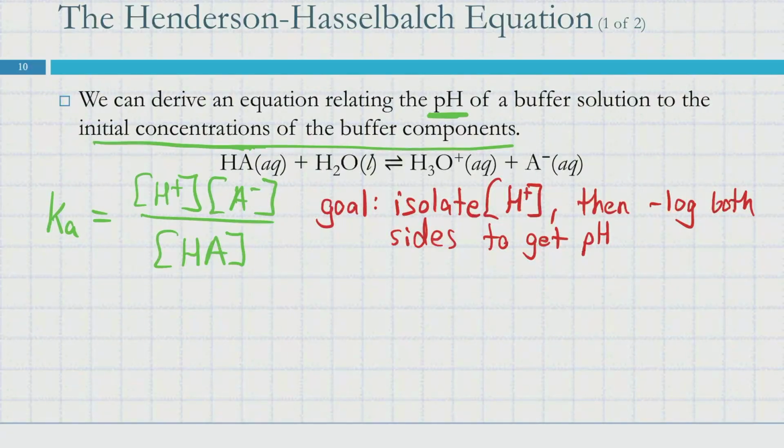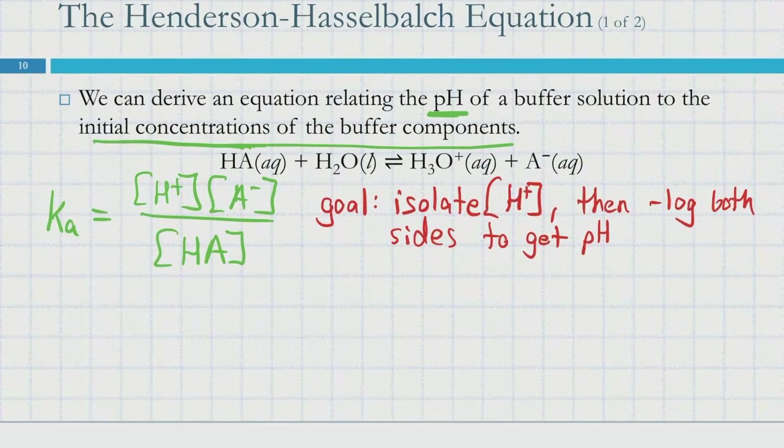Fortunately for us, that requires just a little bit of algebra to get started. So to get the concentration of H+ by itself, we're going to move over the HA and the A-, and I'm going to flip it left to right as well.